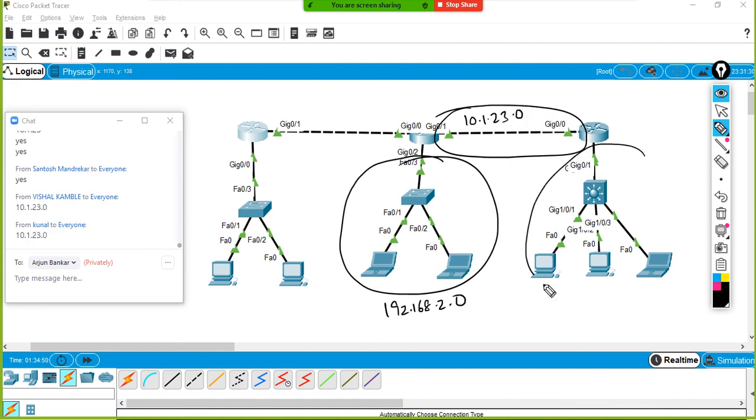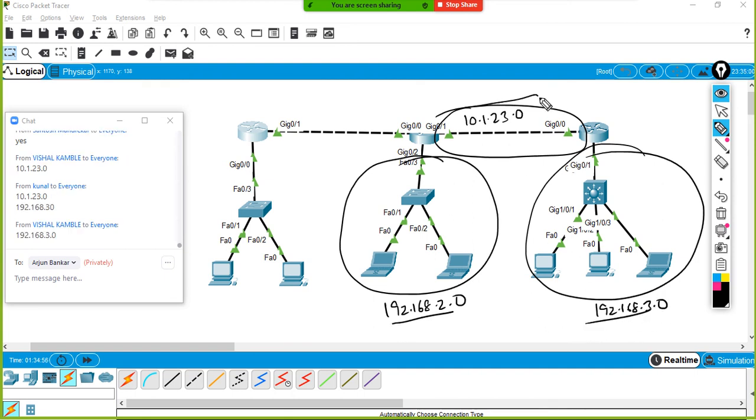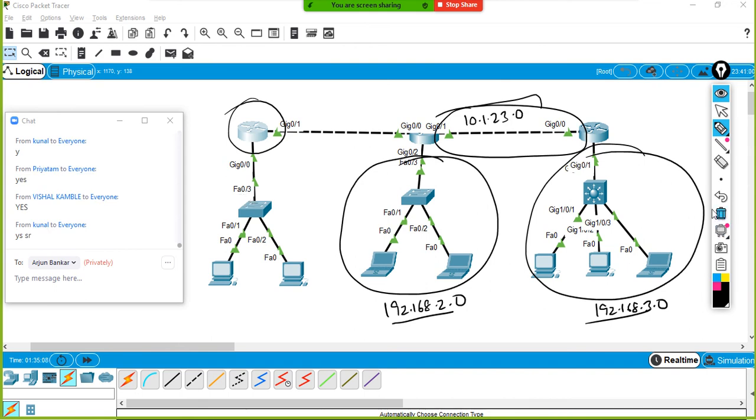And this is the network 192.168.3.0. So these three networks are unknown, right? These three networks are unknown for router 1. Yes or no, guys? Everyone? Right.